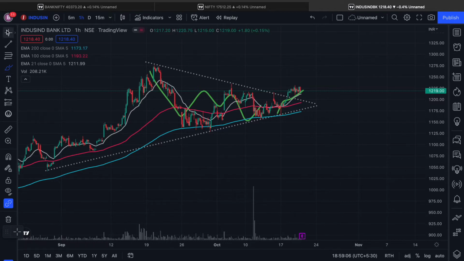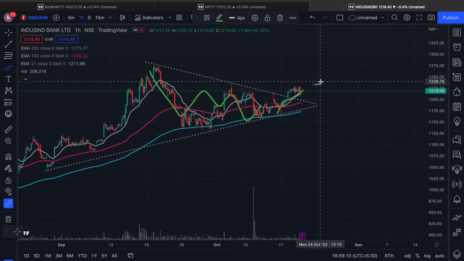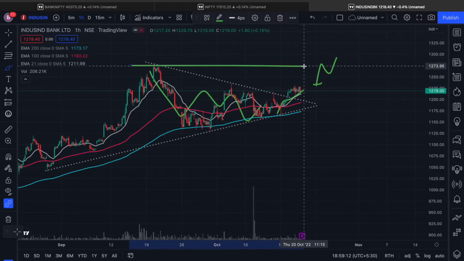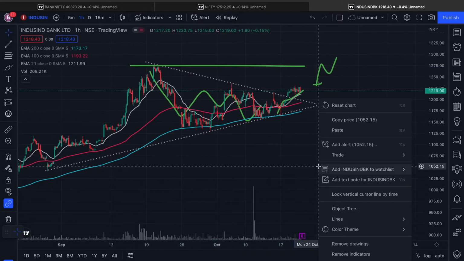And I am expecting a slight gap up in this case, followed by the breakout of this high. So this can definitely happen. There can be a very nice rally in IndusInd Bank thanks to its quarterly results, which have turned out to be great.